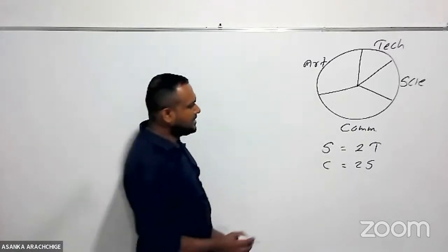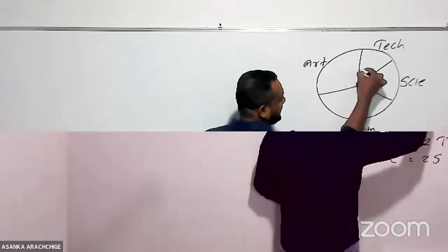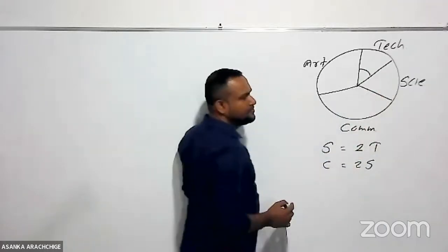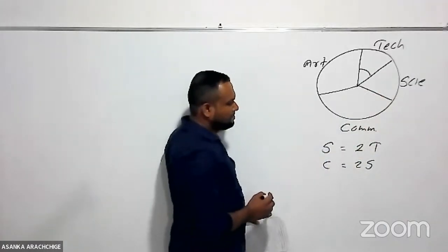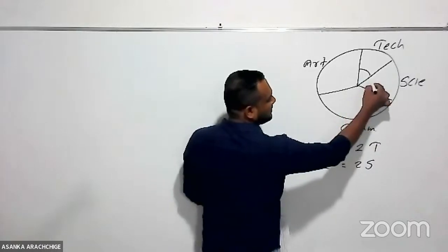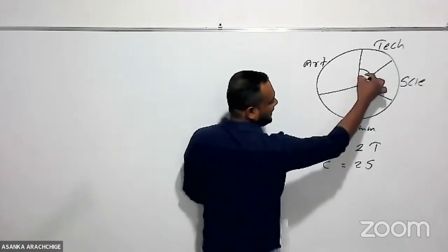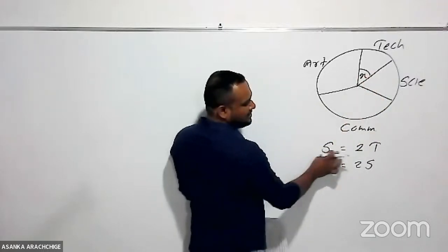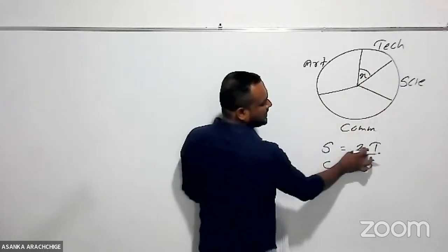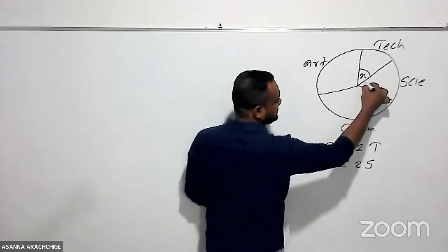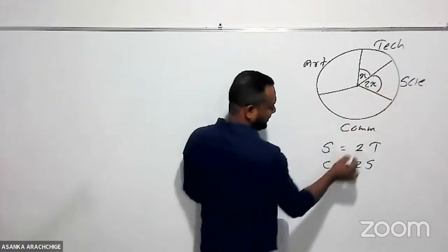If we take the central angle of the sector which represents technology as x, the science angle must be 2 times as this. Therefore, this must be 2x.